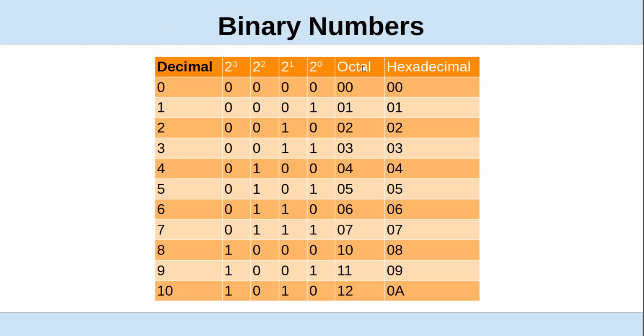The octal representation, we only need 2 digits to represent decimal values from 0 to 10. So we go up to 7. Okay, so that's the 8th value. And then we go to the next digit. So we go 7, 10, 11, 12.